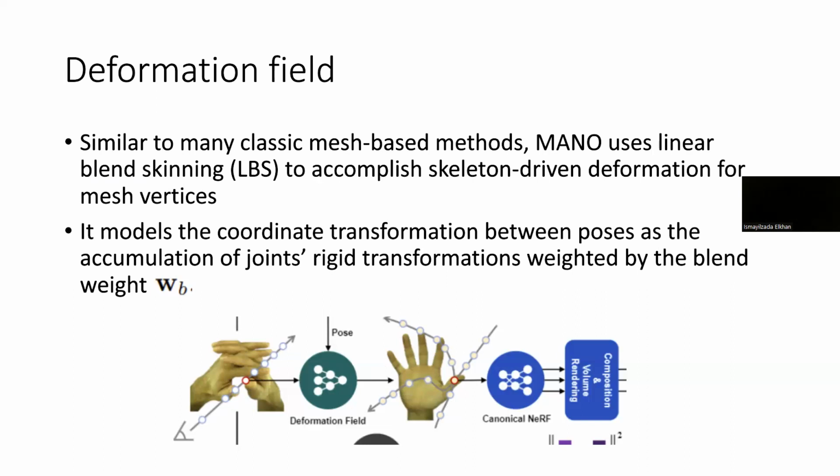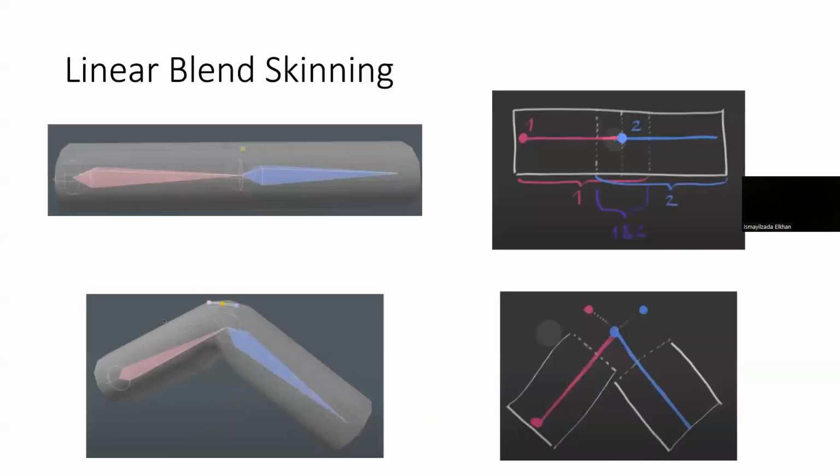So I suppose the deformation field learns an appropriate hand representation by learning to map all kinds of different poses into one standard hand pose.